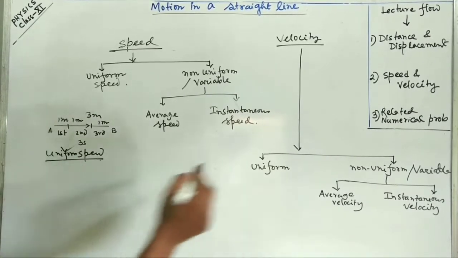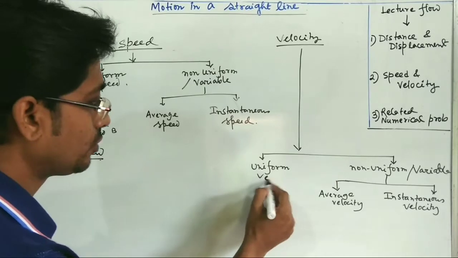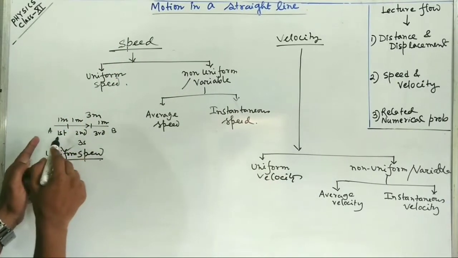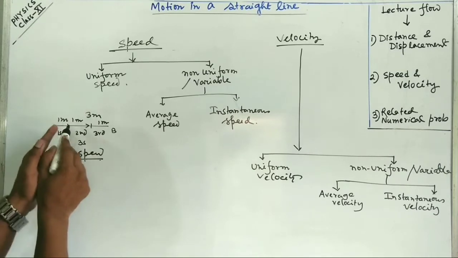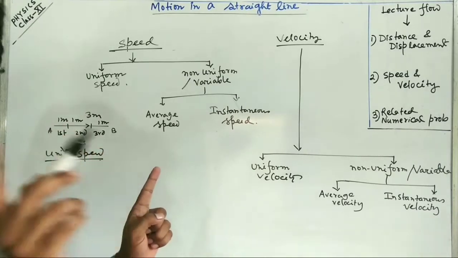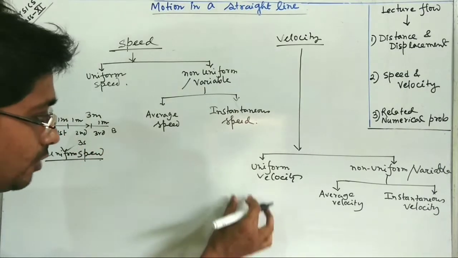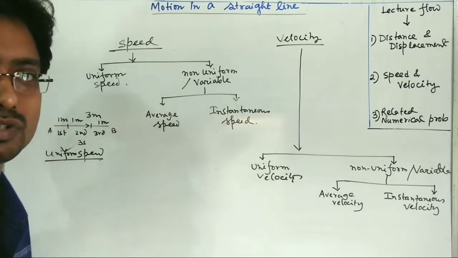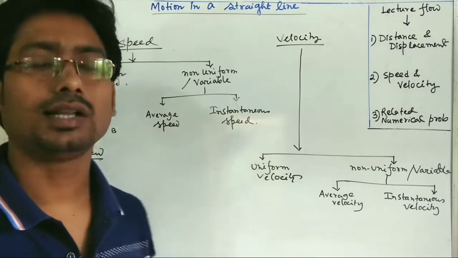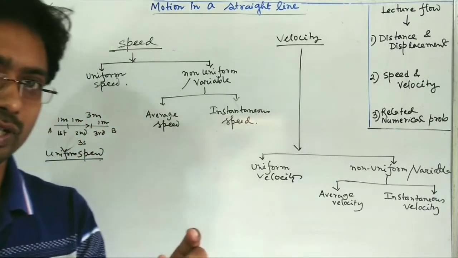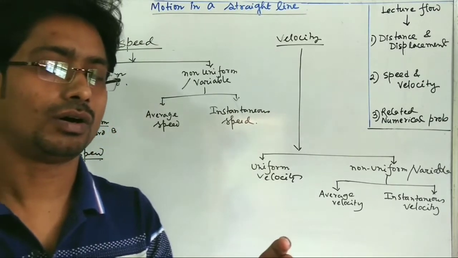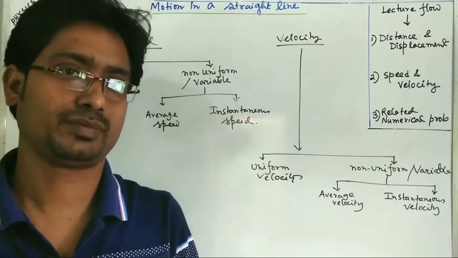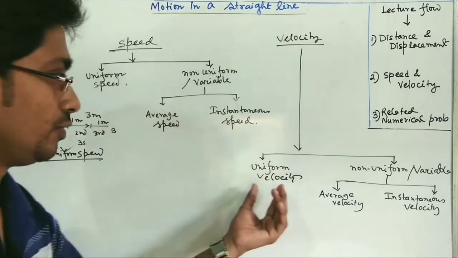In the same way, here also there is uniform velocity. In the first second the body moves 1 meter displacement, so instead of distance we write displacement here. If 1 meter displacement in the first second, 1 meter in the second, and 1 meter in the third second, we can say the body is under uniform velocity. That means if a body traverses equal displacement in equal intervals of time, we call this uniform velocity.